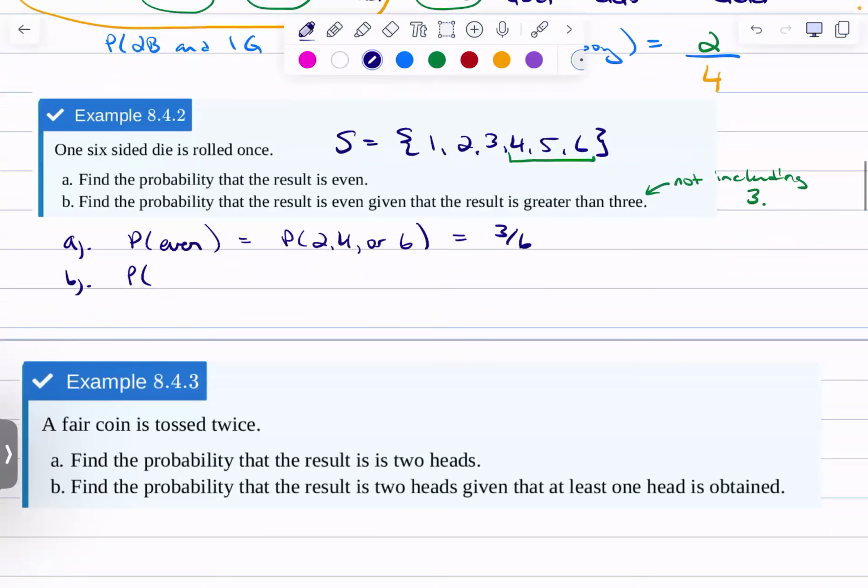So the probability that it's even, given greater than 3, is 2 out of 3. 4 or 6 out of 4, 5, or 6, which is only 3 outcomes. Nice.